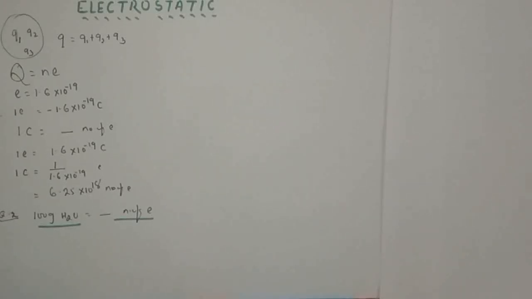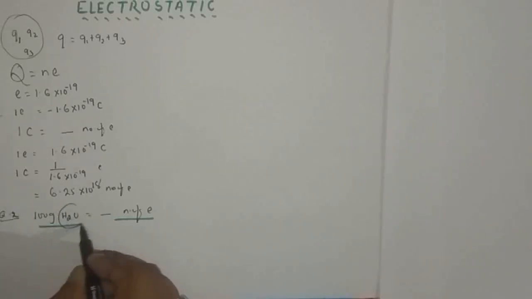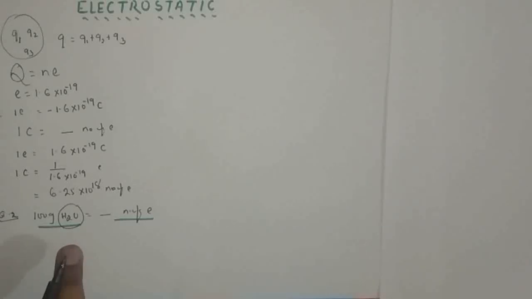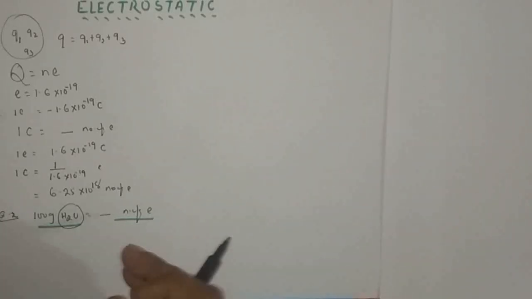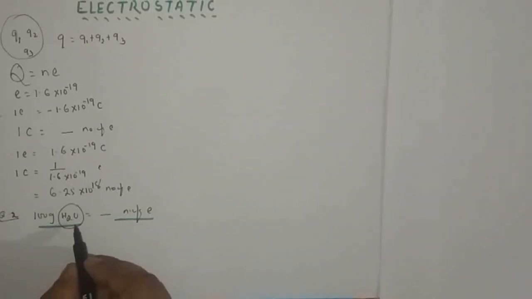For these types of questions, we need to apply the Avogadro's number concept. Here, this is a molecule. By the help of the mole concept, we write Avogadro's number by molecular weight into mass as the number of molecules present, in the molecule case. For the elementary case, it is atoms.